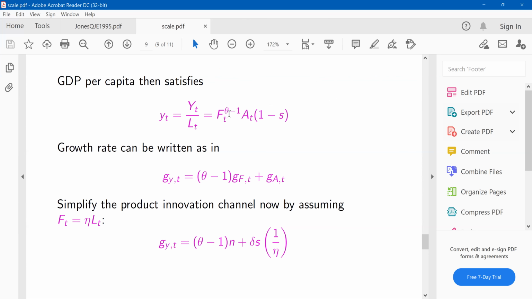So at the aggregate level, you have this parameter now, and 1 minus S will be constant, or, I mean, it doesn't grow anyhow, right? So the growth rate of GDP per capita will be a function of the growth rate in the number of firms, and the growth rate of average productivity.